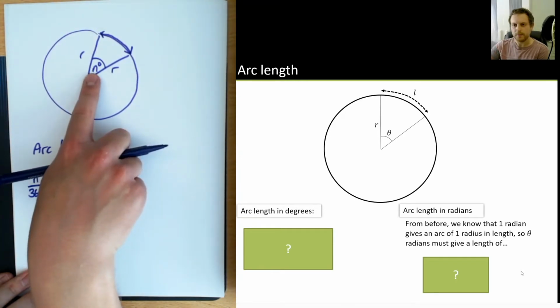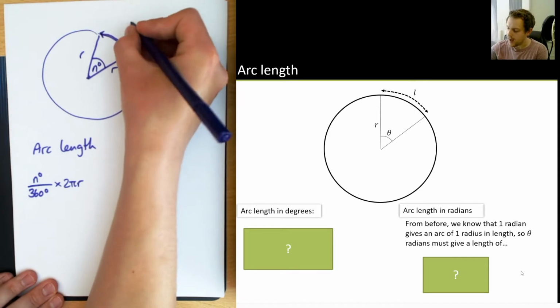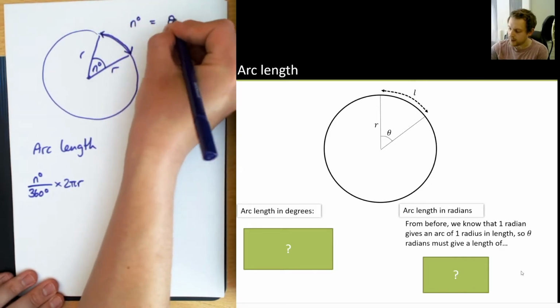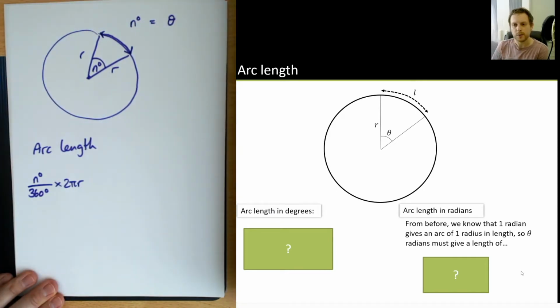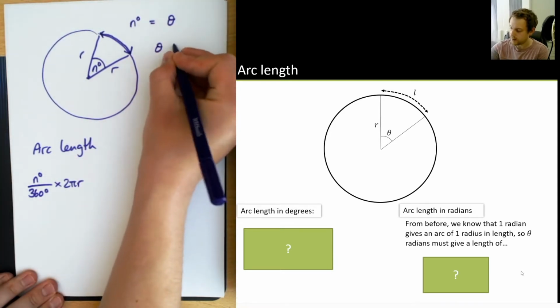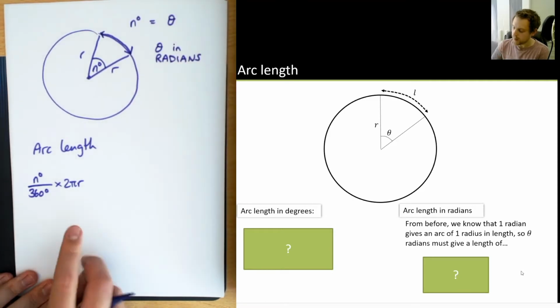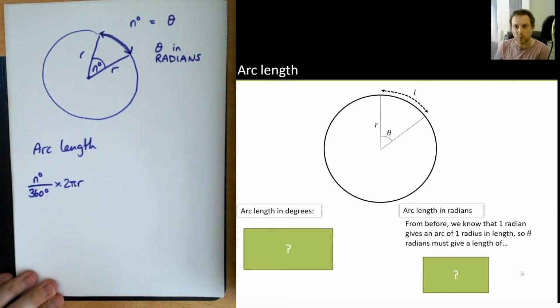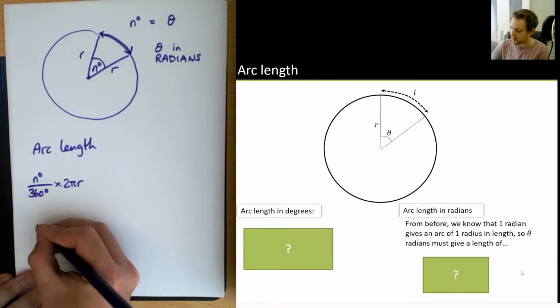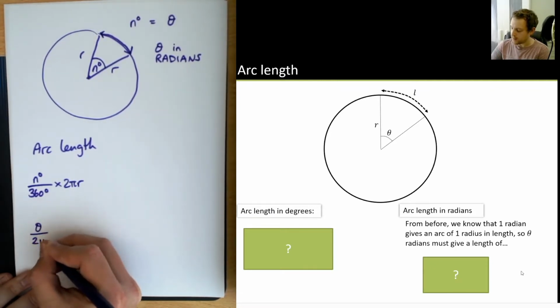Now, if instead this was in radians, I'm going to say that n degrees is going to be theta radians. So theta is my angle in radians. What would the formula be instead? Well, this time it would be theta out of 2 pi.